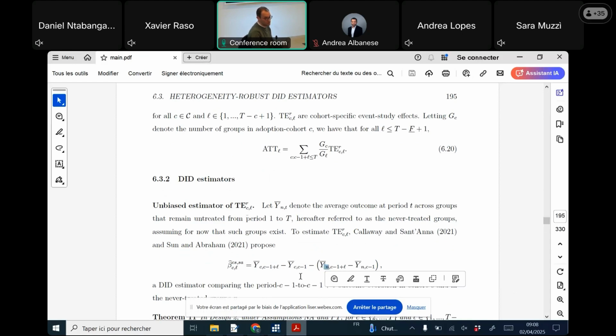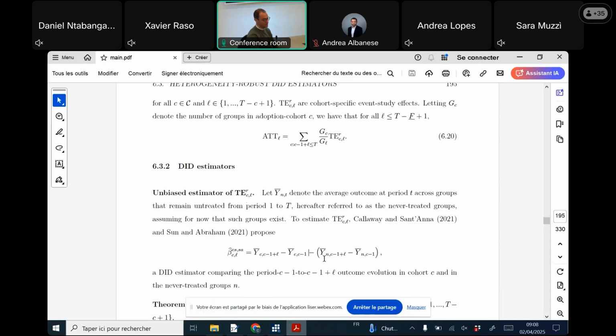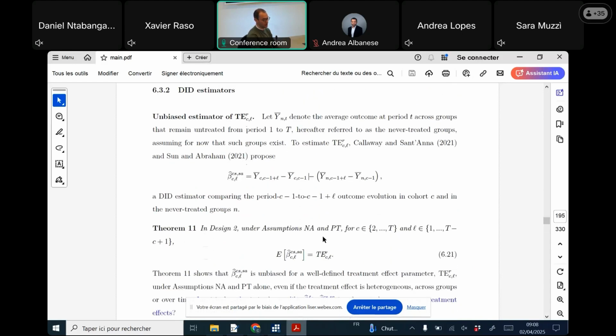So the idea is just we take the last period before cohort C gets treated. That's going to be our baseline. And then we compare outcome evolutions from the baseline, the last period before adoption, to L periods after adoption in cohort C and among the never treated. And we can show that under our no anticipation and parallel trends assumption, this estimator is indeed unbiased for this treatment effect.